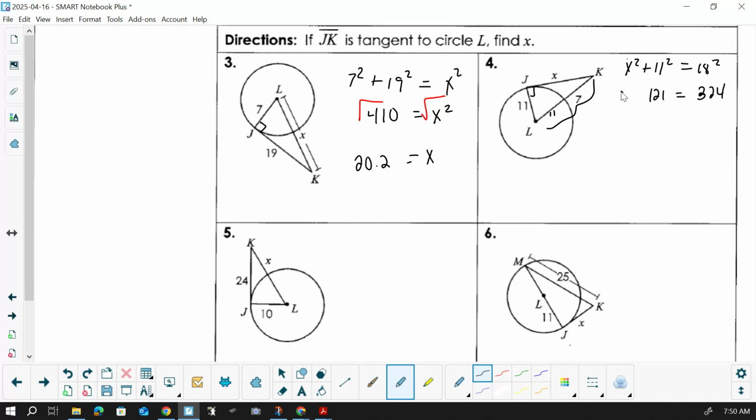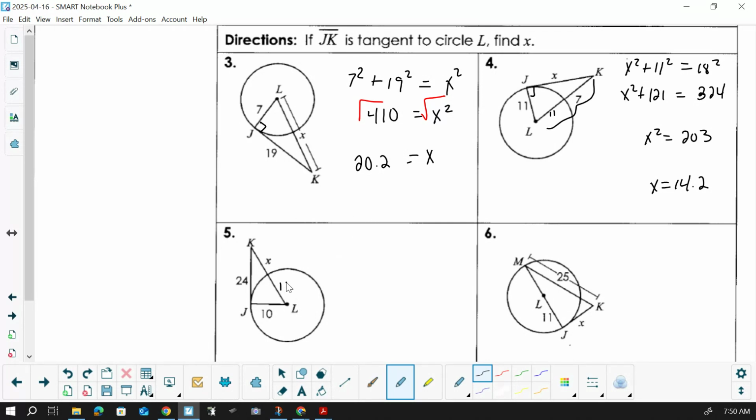Subtract 121 from both sides, and we get x squared equals 203. Take the square root, and we get 14.2.